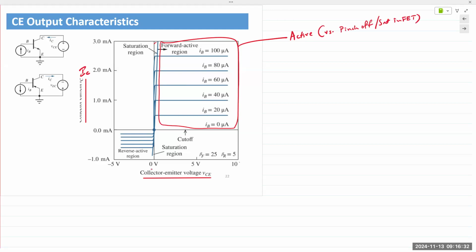And what was known as the linear or the triode region in an FET is referred to as the saturation region. And as what usually happens in life, even if the naming convention does not accurately describe a quantity, it becomes the norm. So it's not saturation, but it's been called saturation, a misnomer, and that's when the transistor is fully on.